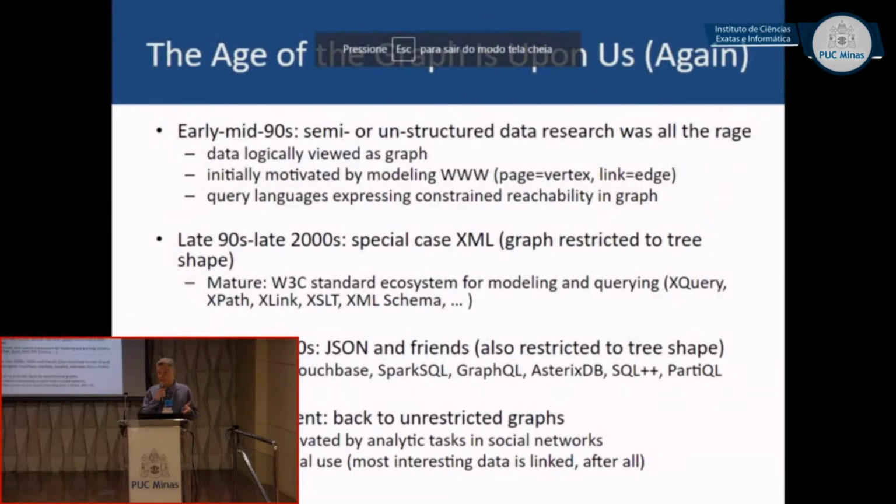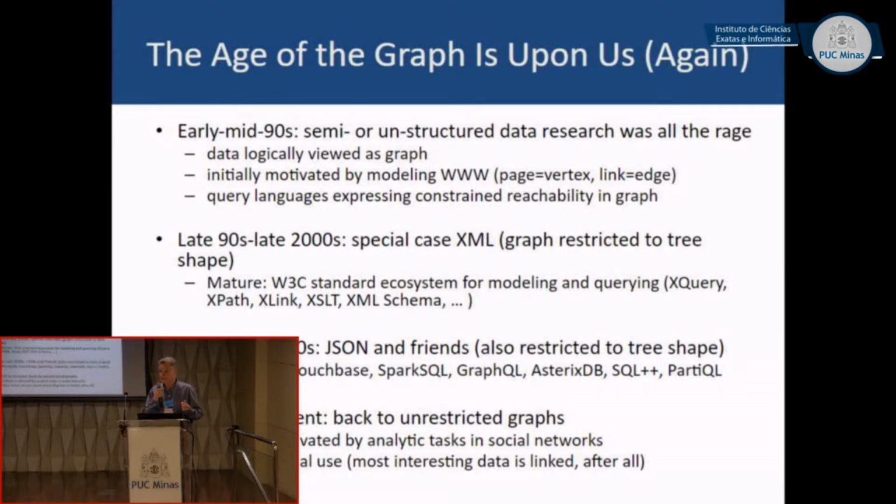And the reason is that graph database research has been around for, well, I remember 30 years of it. And it never really went away. It just kept changing its shape. So we started with what in the 90s we were calling semi-structured data.